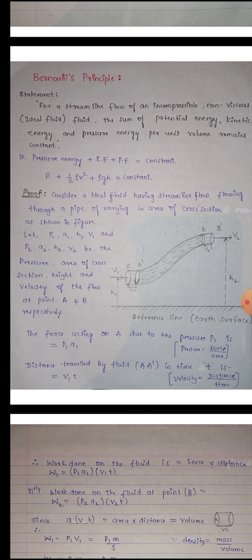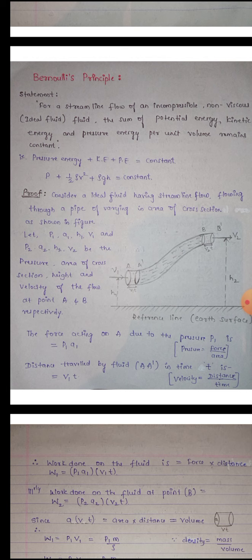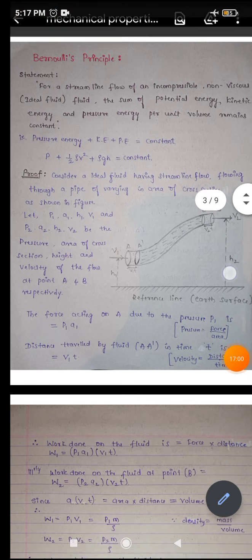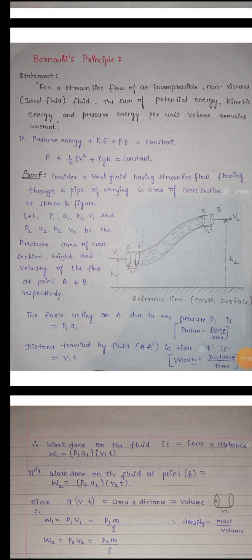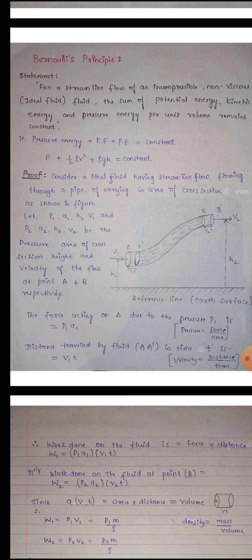Similarly at point B, P2 is the pressure of the fluid, A2 is the area of cross section, H2 is the height of the end B, and V2 is the velocity of the fluid at point B. This is the setup.